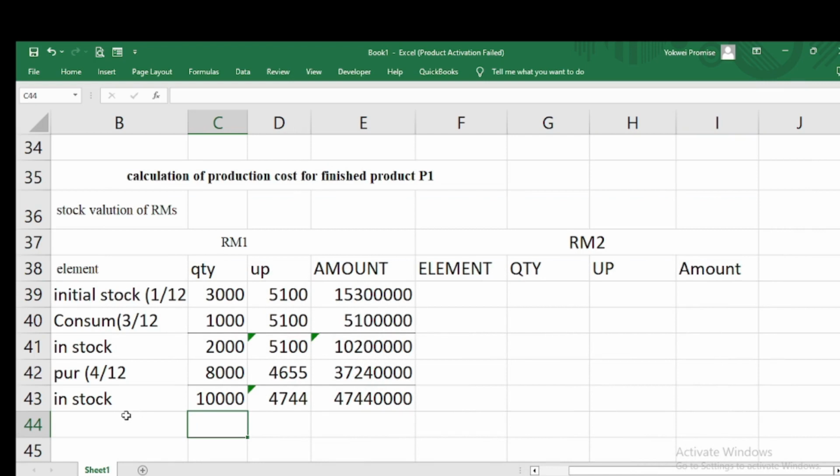So I have consumption again on the 9th of December, 4,800 units at 4,744.